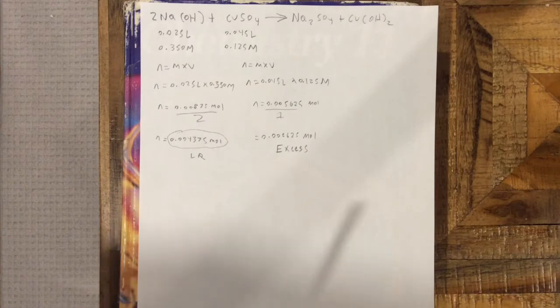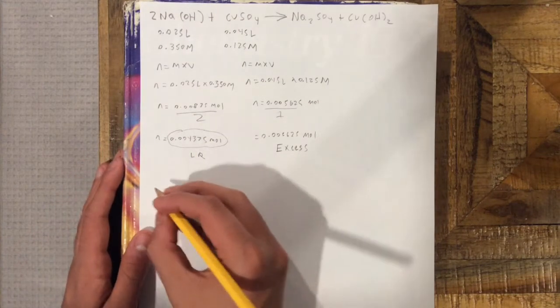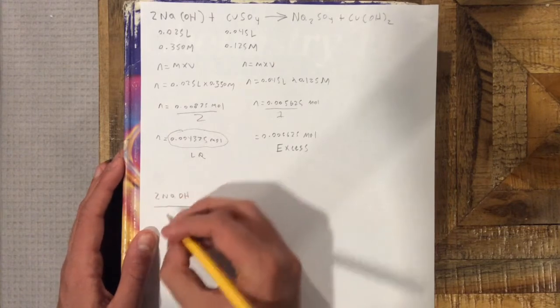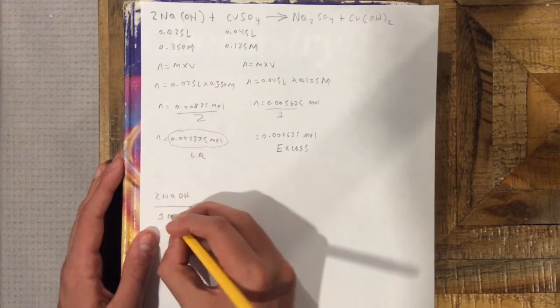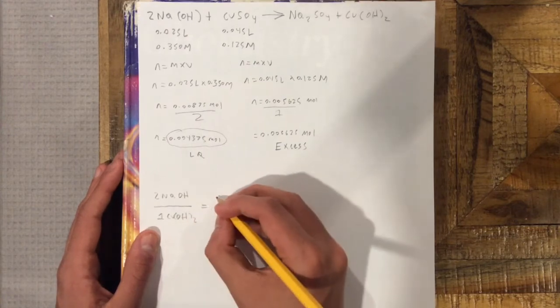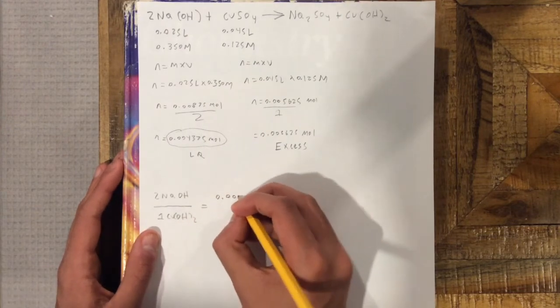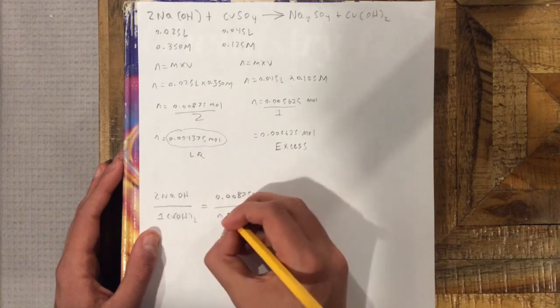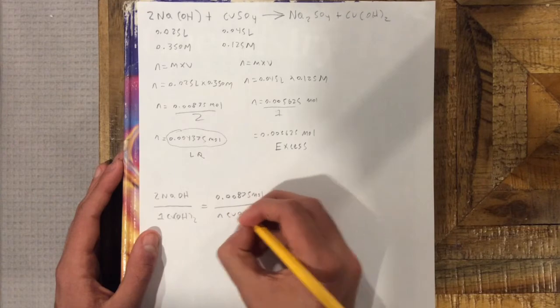Next up, we're going to build our ratio. So as this is the limiting reactant, we know 2 of NaOH, we put that over 1 Cu(OH)2, and that's equal to the number of moles, and then we're solving for the number of moles of Cu(OH)2.